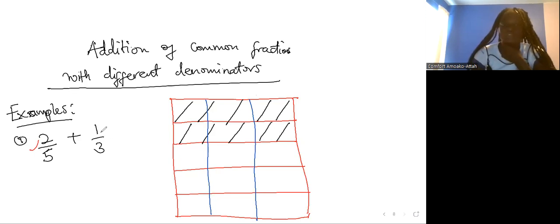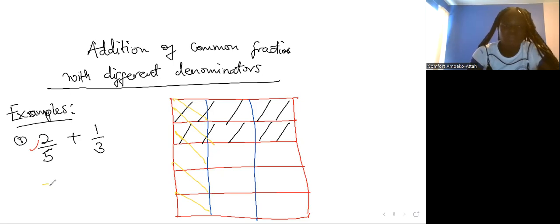Then we shade how many parts of it? 1. So you're going to shade just 1 part of it. So we cross out like this to get 1 out of 3. I believe you are following and you are getting it right. Good. Okay, so that's how you get your final answer.